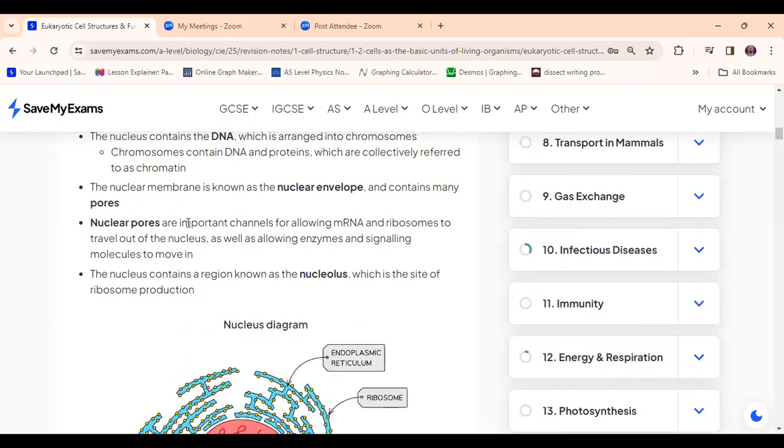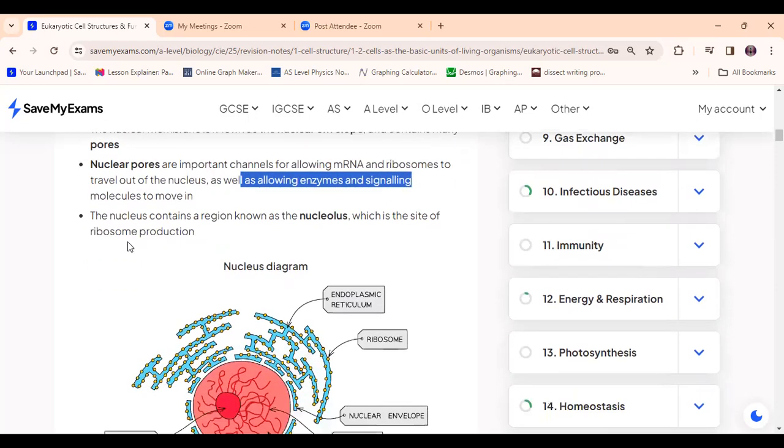What is the importance of these pores? They are very important channels for the movement of mRNA, the messenger RNA, and ribosomes to travel out of the nucleus, as well as allowing enzymes and signaling molecules to move in.